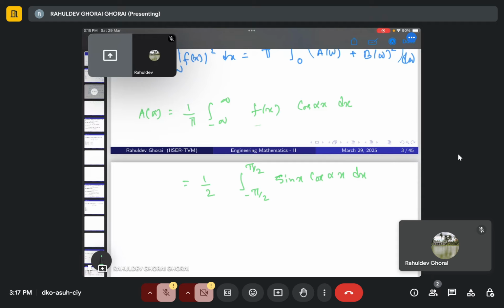Okay, now what is the formula for this? Sine a cos b, right? If you remember this formula, it will be sine of a plus b plus sine of a minus b, over 2, right?